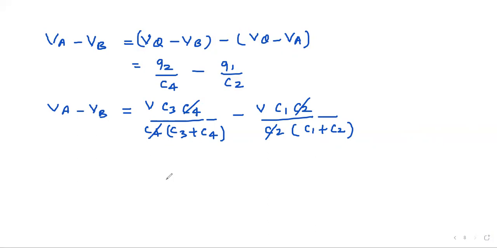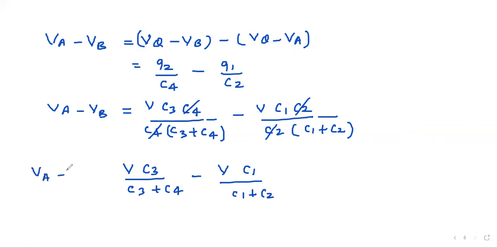So we will get V times C3 divided by C3 plus C4 minus V times C1 divided by C1 plus C2. So this is VA minus VB. Now we can take V common and then take the LCM.